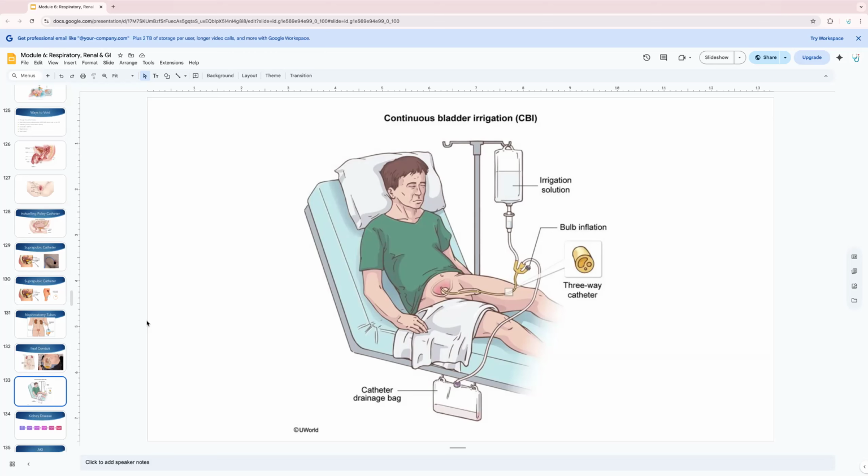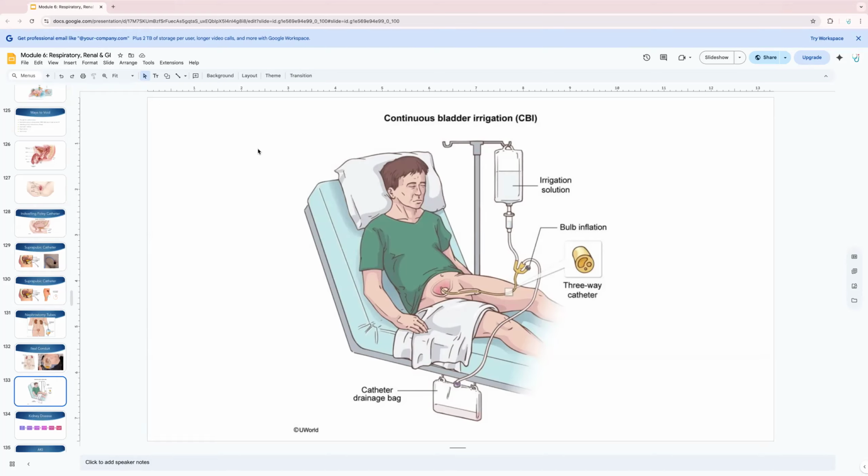So if for some reason there would be a blockage in the bladder for the post-op period or for some time after, the doctor may choose to use continuous bladder irrigation.